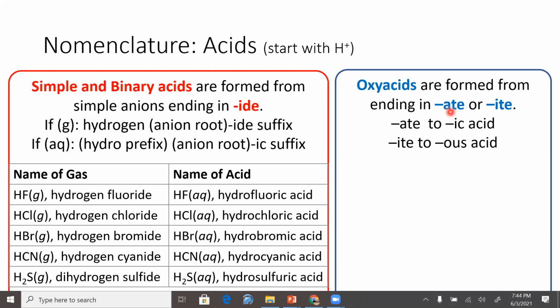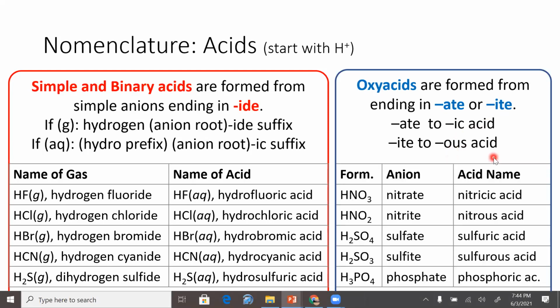If the ion ends in ate, we're going to drop the ending off of that and replace it with ic. If the ion in the oxyacid ends in ite, we're going to drop that and use ous.